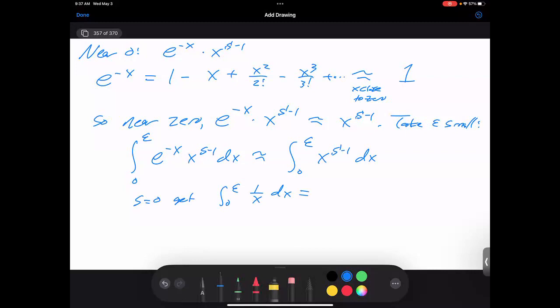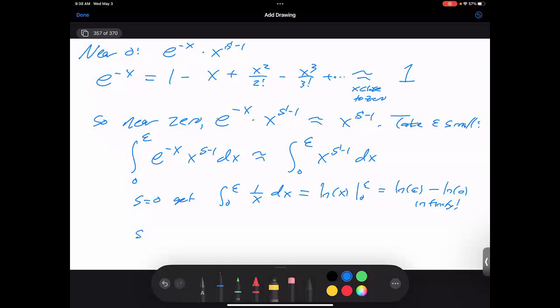What function has derivative 1 over x? ln of x. So it would be the natural log of x at 0 and epsilon. So this is the natural log of epsilon minus the natural log of 0. This is infinity. So if s is equal to 0, it blows up.